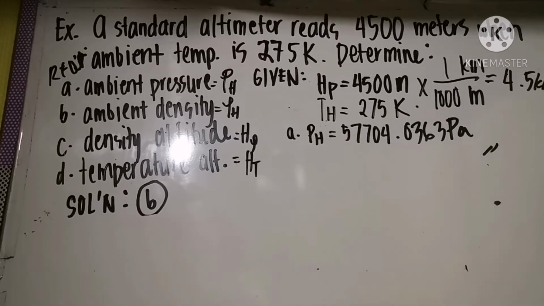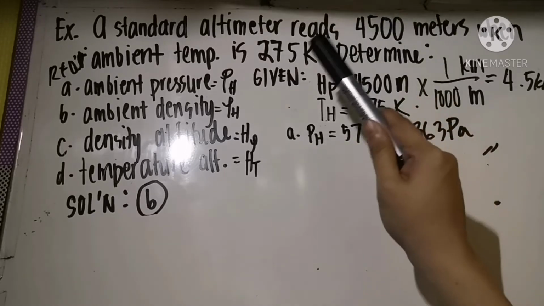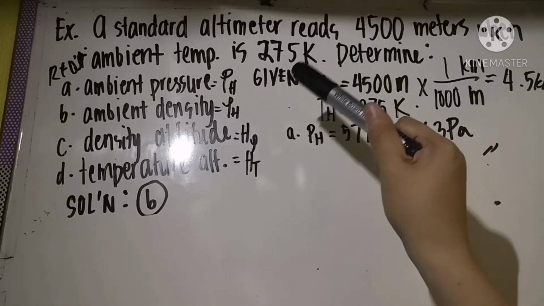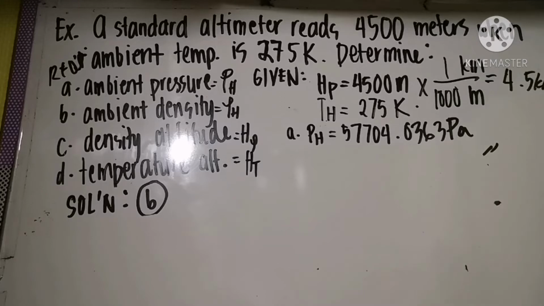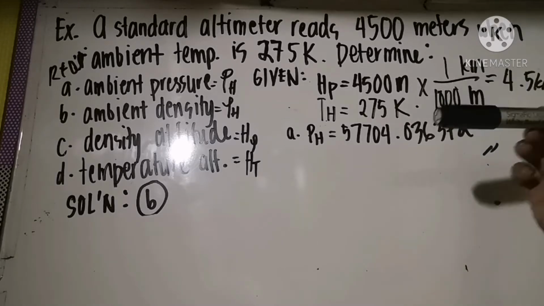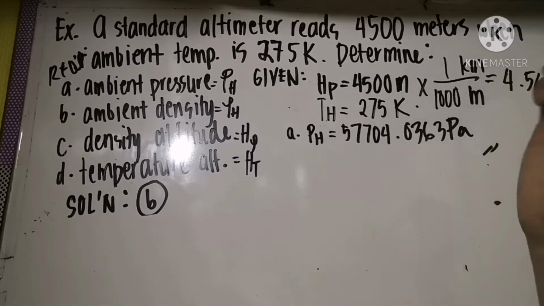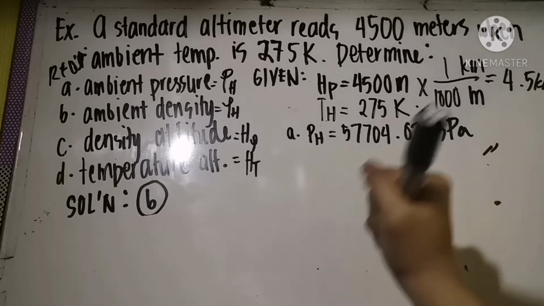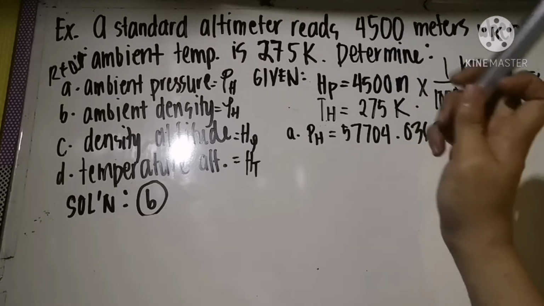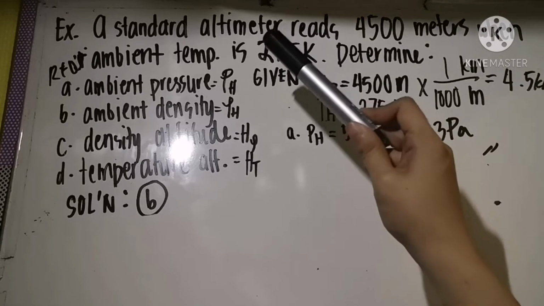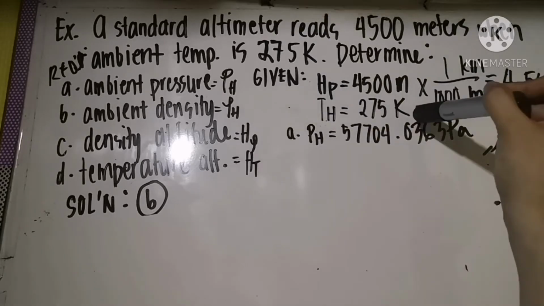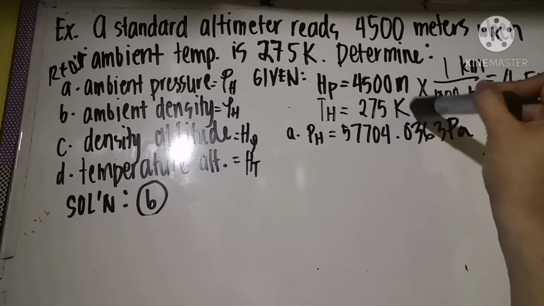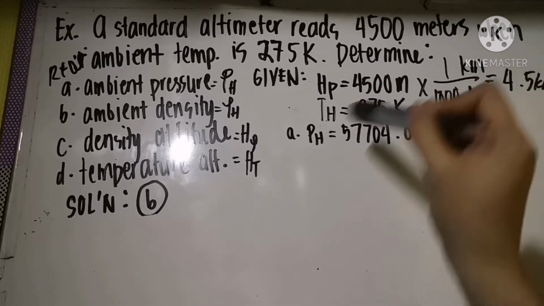So, ang tanong, nung na-measure ng altimeter na 4,500 yung pressure altitude mo, na meron ka na ngayong ambient pressure, and meron ring device na ang na-measure ay doon sa condition na yon ay ang temperature, ang ambient temperature mo is 275 Kelvin.